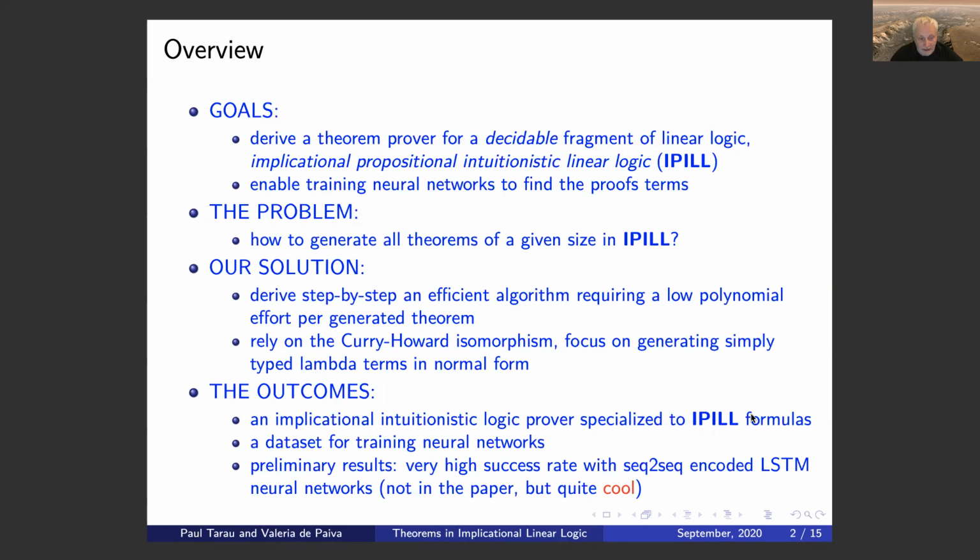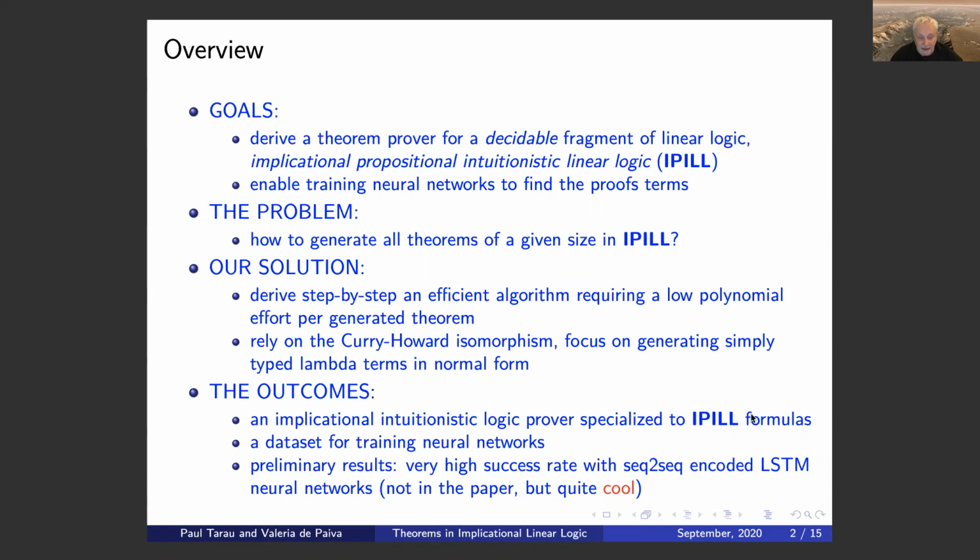And the solution that I will explain here is to derive an efficient algorithm that would require a low polynomial effort per generated theorem, and that despite the fact that theorem proving for this particular logic is reasonably hard, we will actually use a trick here.